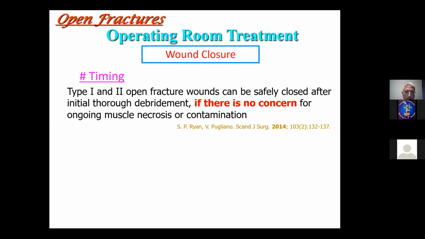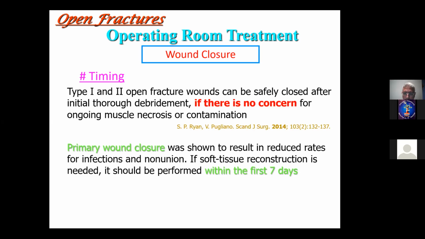Type 1 and type 2 can be safely closed after initial thorough and detailed debridement if there is no concern about ongoing muscle necrosis or contamination. If you have concern, you have to have a second look. But if you don't have any concern for ongoing muscle necrosis or contamination, primary closure is done.